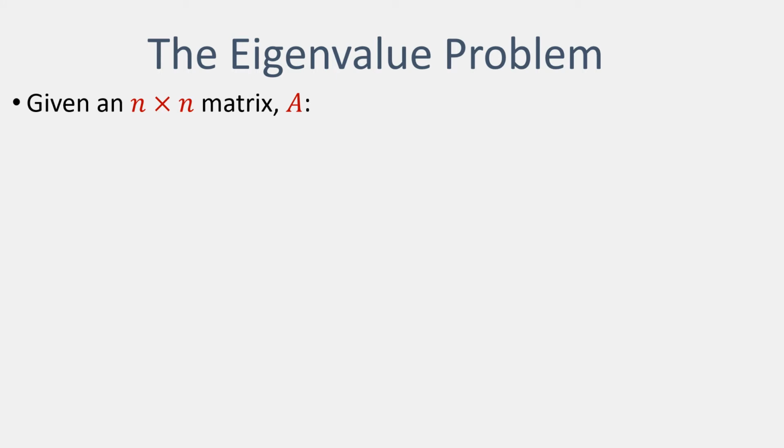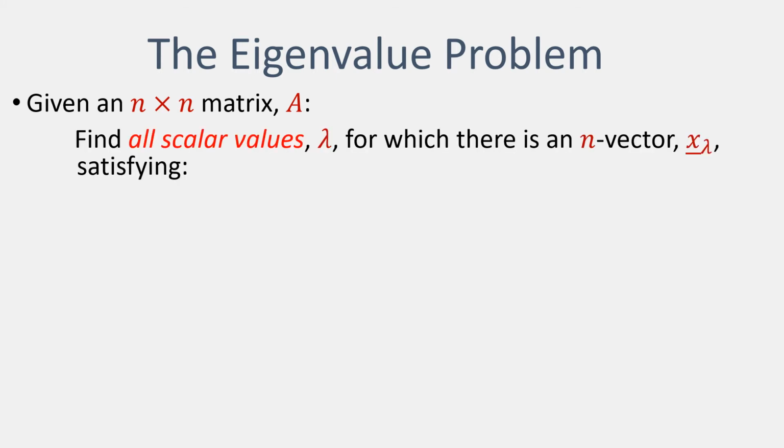We're given some arbitrary matrix, and what we want to do is to find all of the scalar values for which there is an n-vector we can associate with that scalar and that matrix, which has the property that when we multiply our matrix by this vector, the outcome is exactly the same as multiplying that vector by the scalar value.